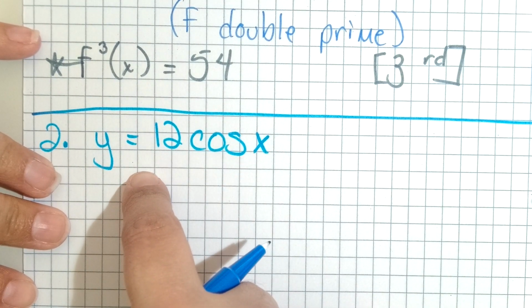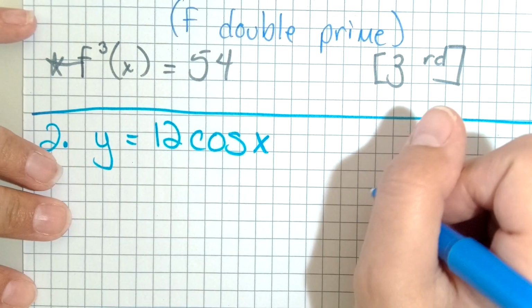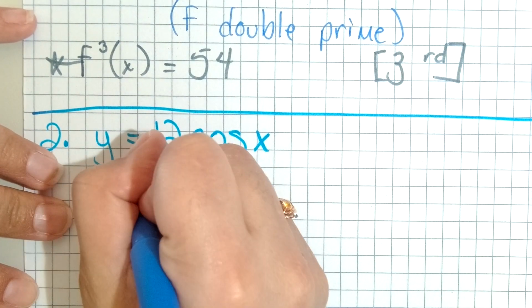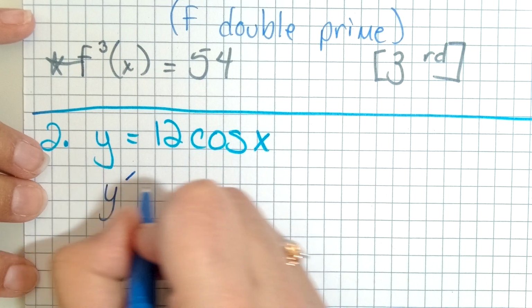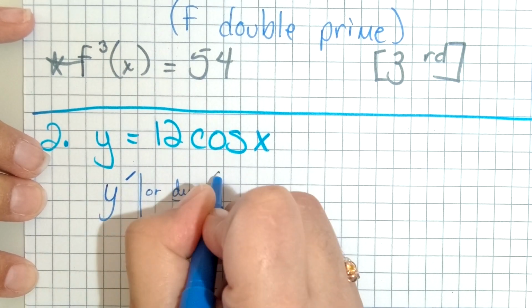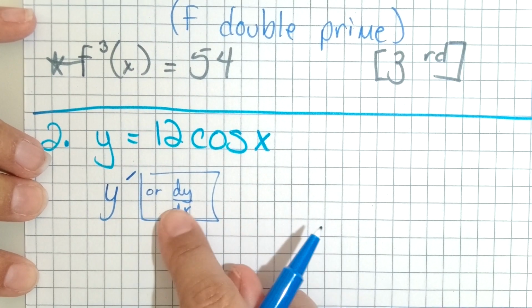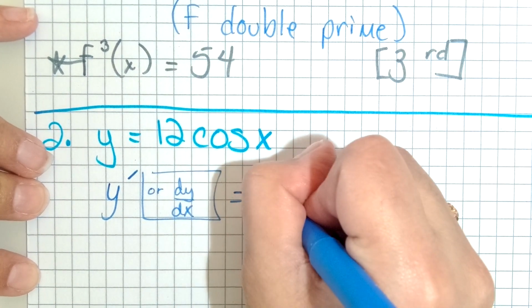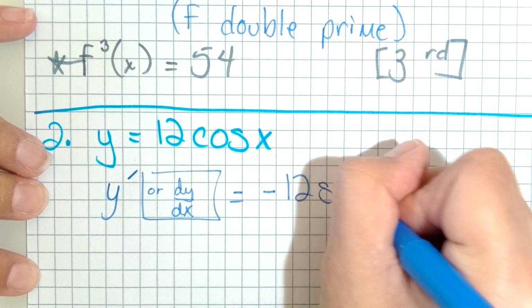Change it to a negative sign. So it will be y prime or dy dx, either one is fine. It's going to be negative 12 sine x.